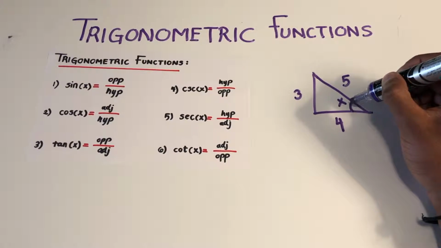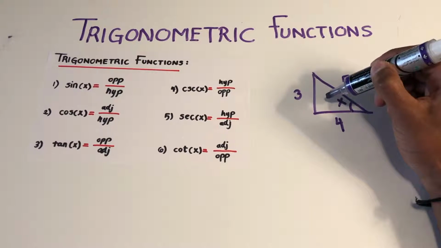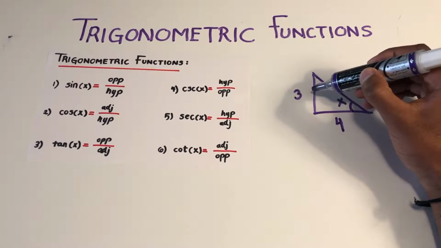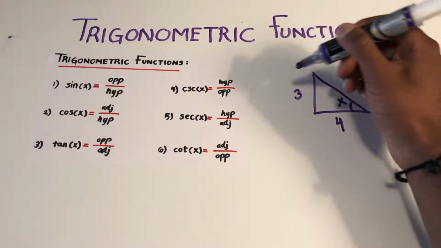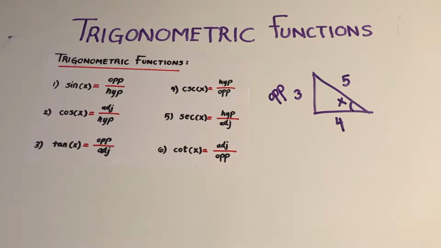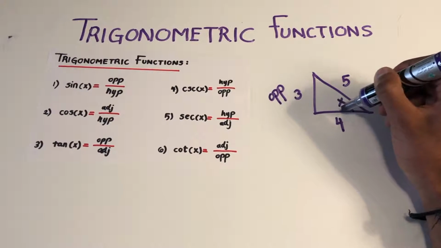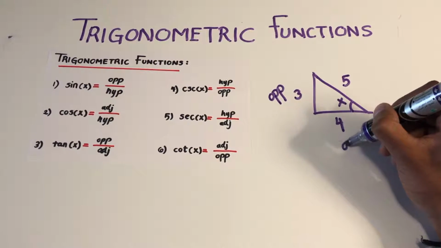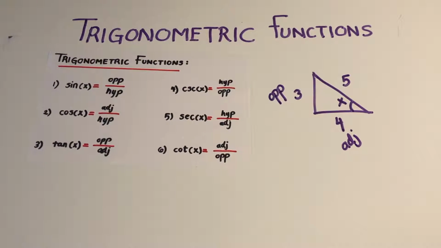the opposite of this angle, OPP, is how it's abbreviated. The opposite of this angle will be 3. So 3 in this case will be the opposite side of the angle. Now, adjacent to this angle, which is going to be 4, we're going to write ADJ for adjacent.